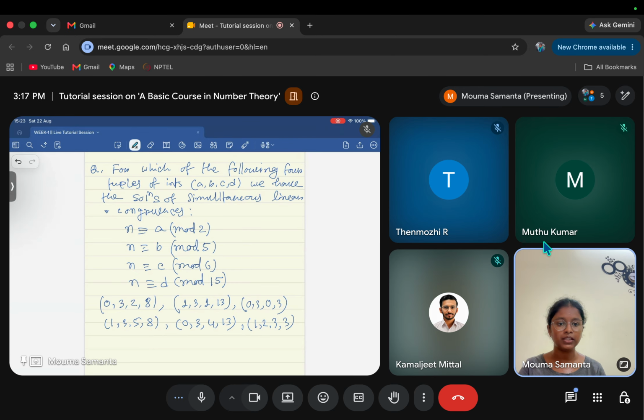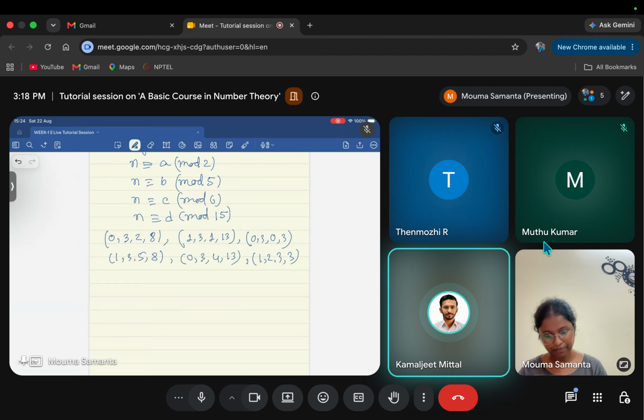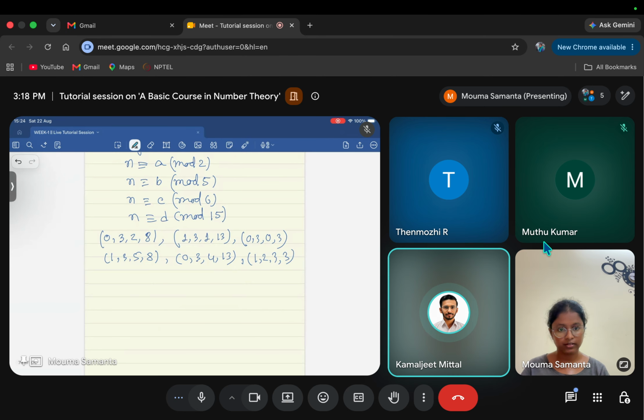Something you can conclude from the first and third linear congruences. The first congruence is n congruent to a mod 2, and the third congruence was n congruent to c mod 6, right? Now 6 equals 3 into 2. So from here, what can you say? We can say n is congruent to c mod 2 and n is congruent to c mod 3.